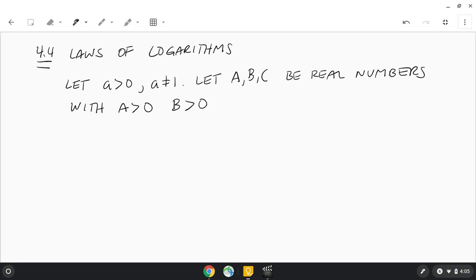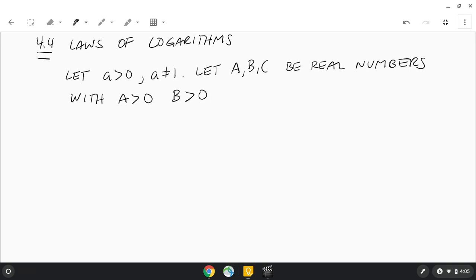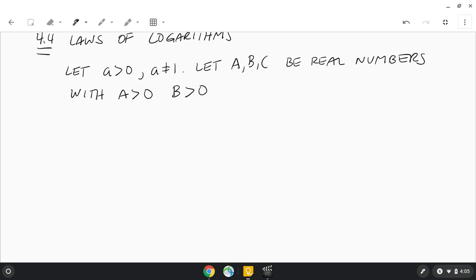This is because in this class, we are not taking the log of 0, and we are not taking the log of negative numbers.